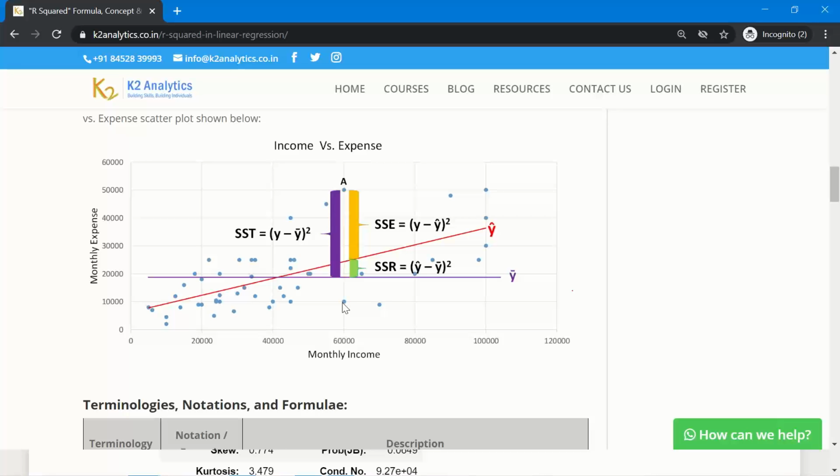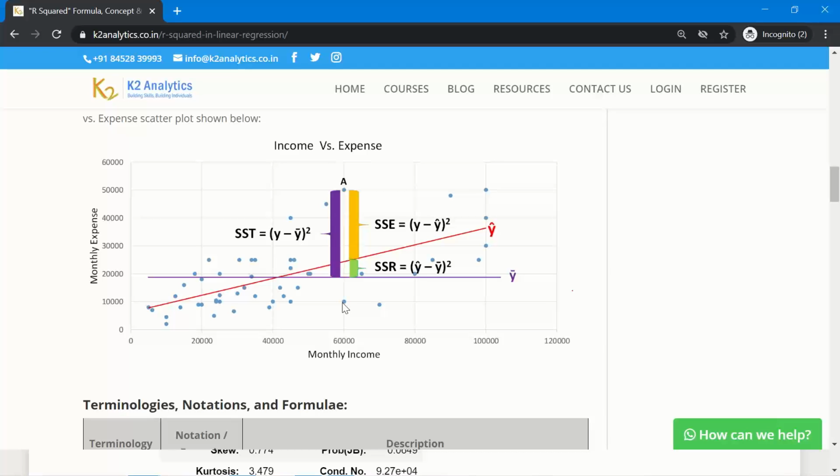What it means is, definitely income helps you explain the expense of the household, but expense of a household is not completely dependent on income. There are other factors like family size, the location where they are staying, whether they are in an urban location or a rural location, their lifestyle, their age groups, and so forth. That element is still unexplained.